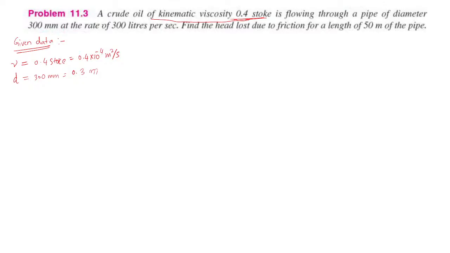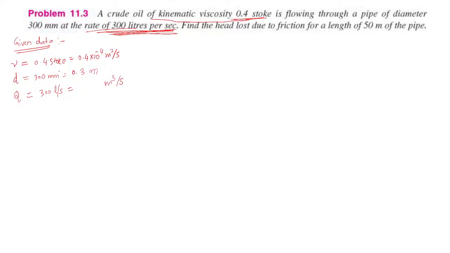Now next they have given a rate of 300 liters per second. As you can see, when there is something like liters per second, that means a discharge value is given. As compared with the other problem, here we have a different one. So they have given 300 liter per second. Of course, as you have identified, this is a discharge problem, so you have to convert in terms of meter cube per second.